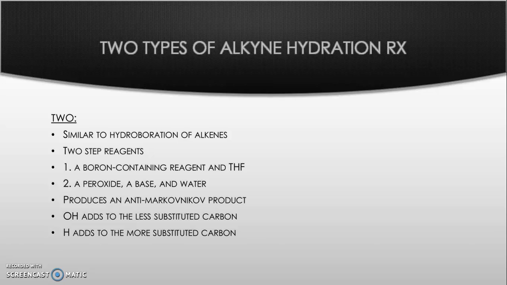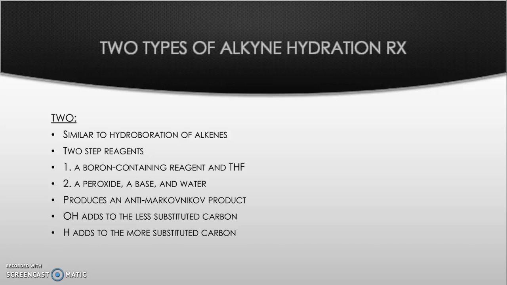The first step is going to be a boron-containing reagent and THF. So a lot of times you'll see BH3 or just a very generic form R2BH. It just has to have boron and 1 hydrogen. So the other 2 groups really could be whatever. The second step has a peroxide, a base, and water.